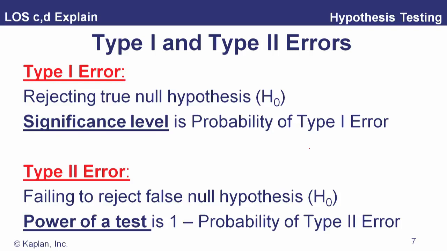A type 2 error, on the other hand, is failing to reject the null hypothesis when it is in fact false. And we define the power of a test as 1 minus the probability of a type 2 error, or 1 minus the probability of failing to reject a null hypothesis when it's false.